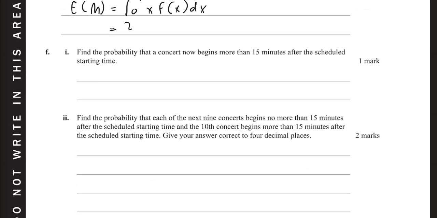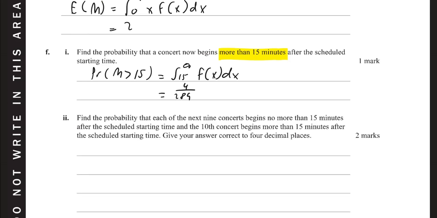Part F, now we have to find the probability that a concert starts more than 15 minutes after the scheduled time. That's Pr(M greater than 15), which is equal to this. They don't ask for decimal values, so I just kept that as a fraction, 4 on 289.